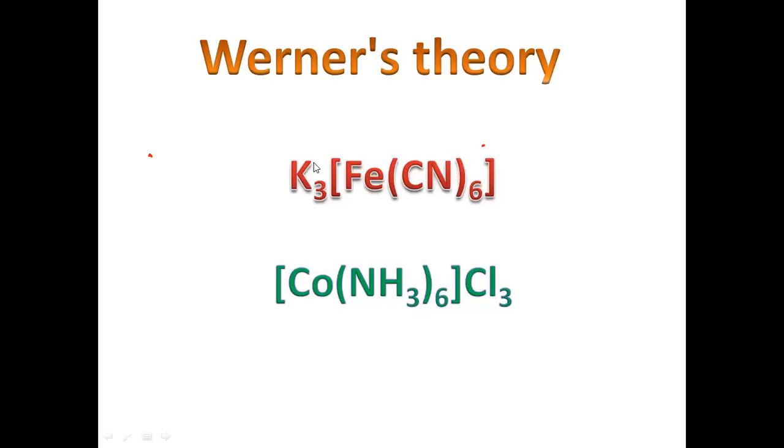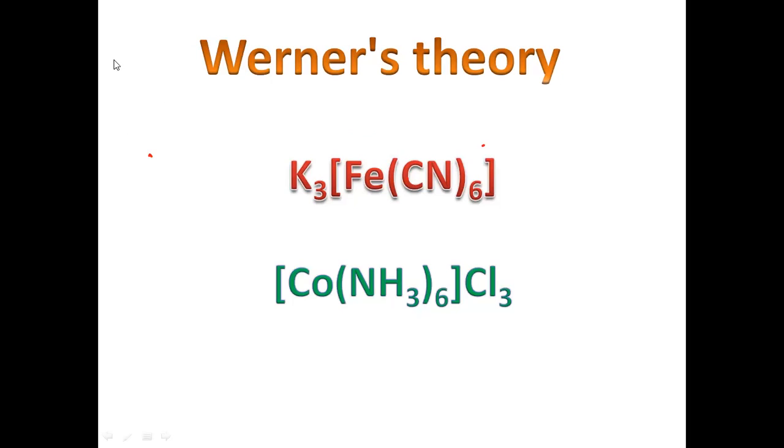After this nomenclature, the first theory, which is very famous, very easy to understand and very interesting, is Werner's theory. You have to understand this. Werner's theory is a theory which explains the bonding nature between the metal and ligand.